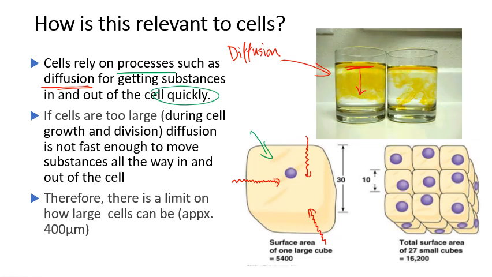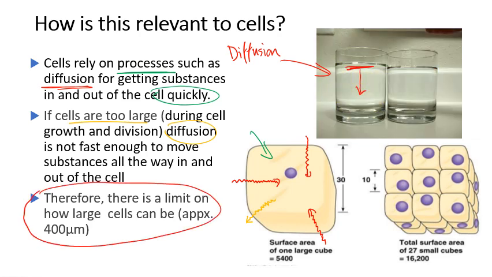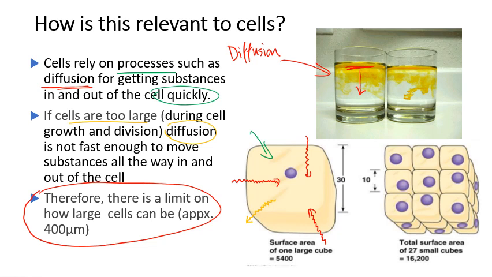And the same for waste trying to get out. So if cells are too large, it's just not fast enough. Diffusion can't get those substances in and can't get the waste out. And that's what causes there to be a limit on how large cells can be. And as we found, the rough range for the larger cells is about 400 micrometers.